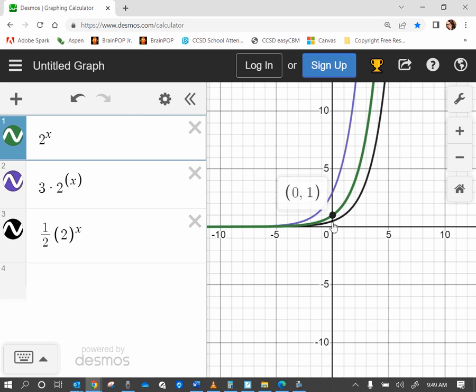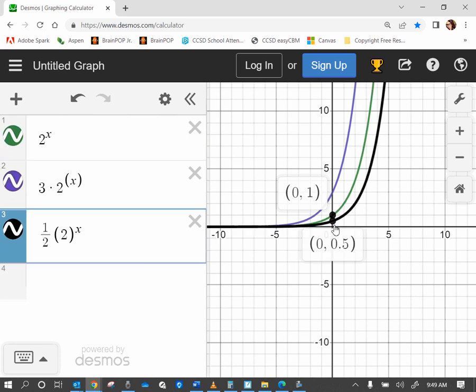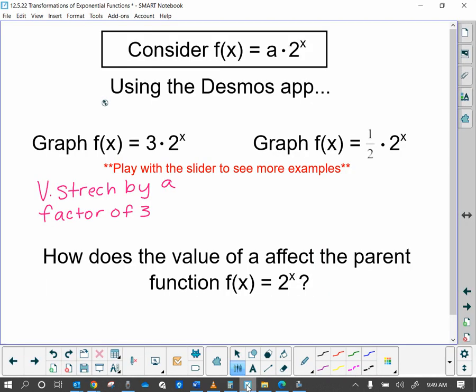You can click on it. It kind of shrinks it down, it kind of smushes it. Think of a trash compactor, smushes, shrink. So 1/2, that's going to be a vertical shrink by a factor of 1/2.